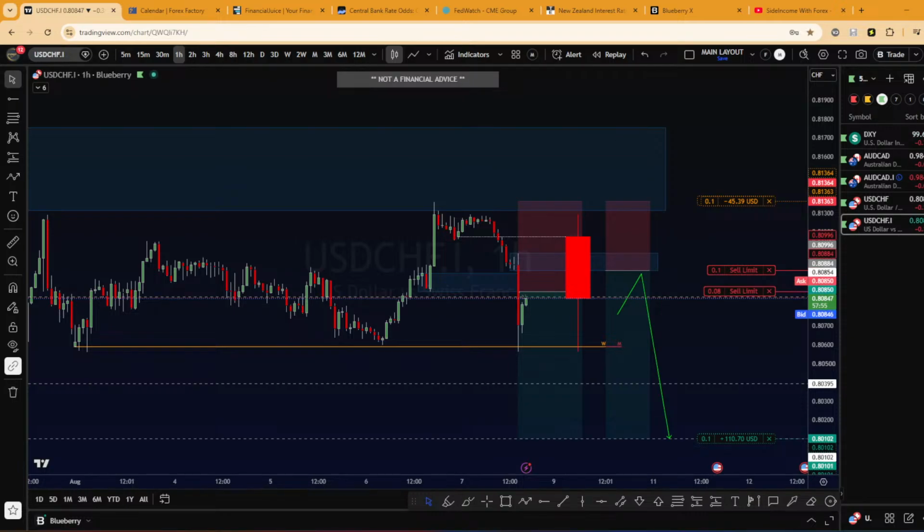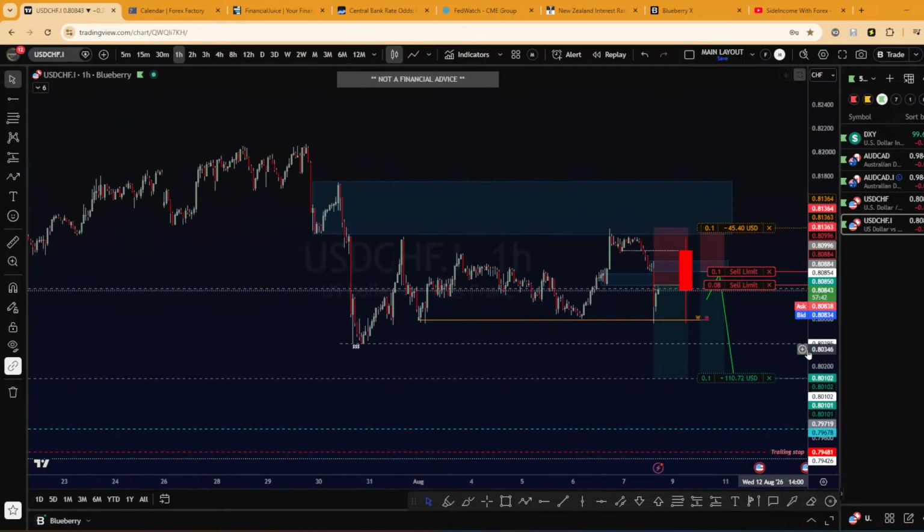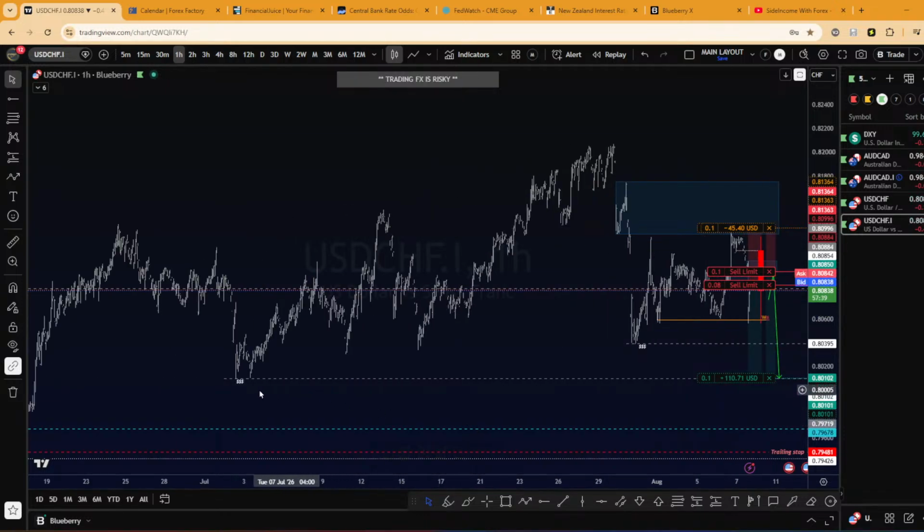Fundamentally, we have some weakness coming from the US NFP reports, which could potentially affect the USDCHF. And also I already identified some targets here.